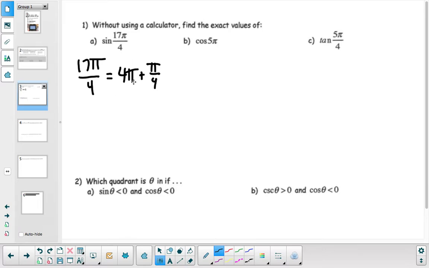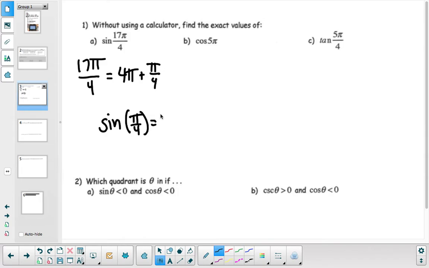This is 2 sets of 2 pi, so if I plug this into sine, it doesn't do anything for us except add extra work. So this will have the same value as sine of pi over 4.